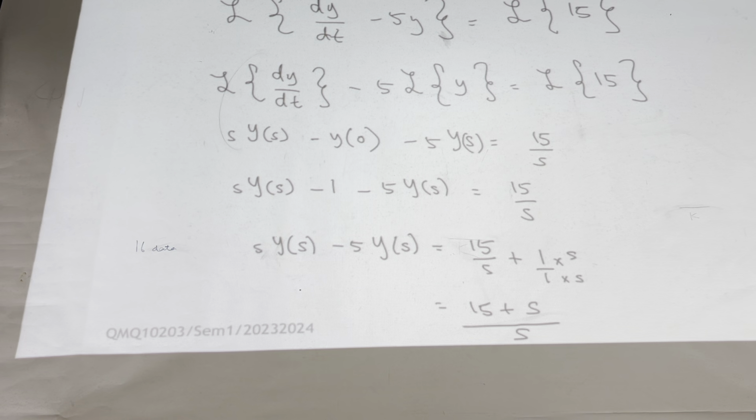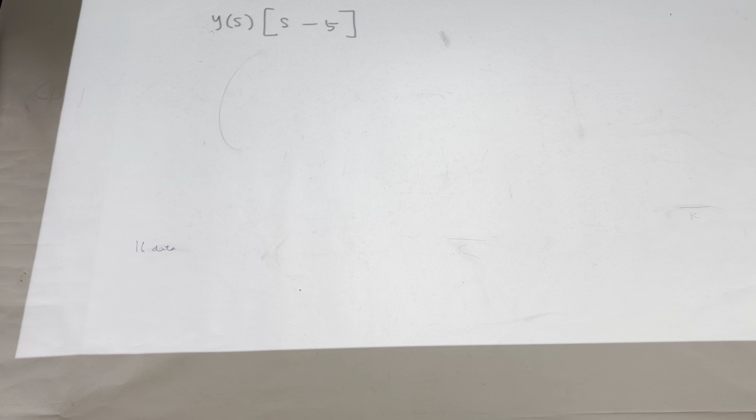Okay, so next. On the left hand side, we have sY(s) minus 5Y(s). So why not we factorize Y(s)? So we have Y(s) in bracket (s minus 5). Tadi clear sikit lah s dengan 5 tu kan. So here we have 15 plus s over s.